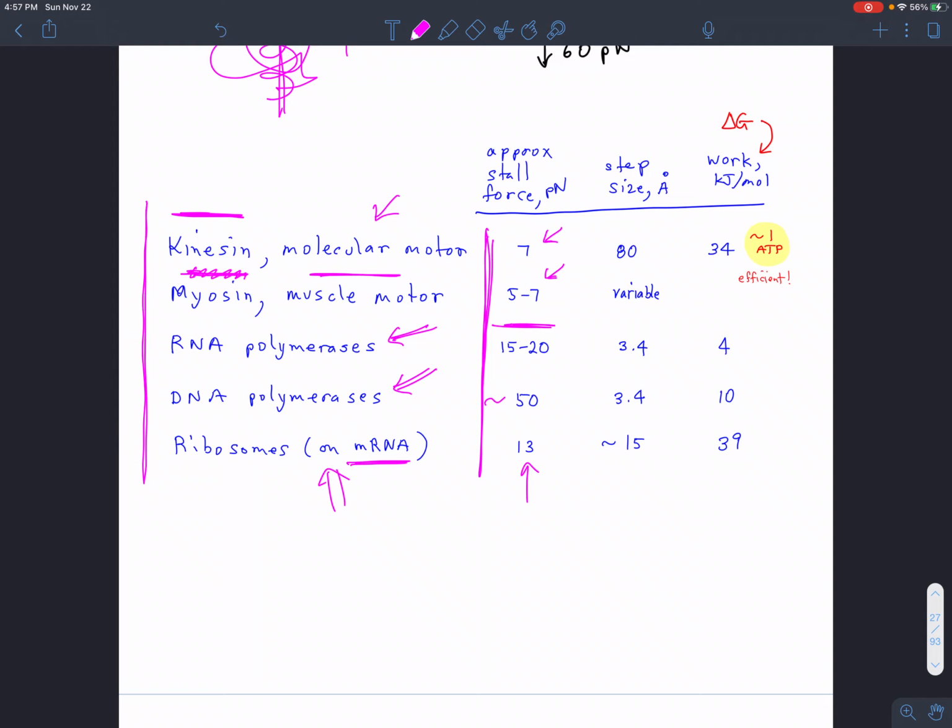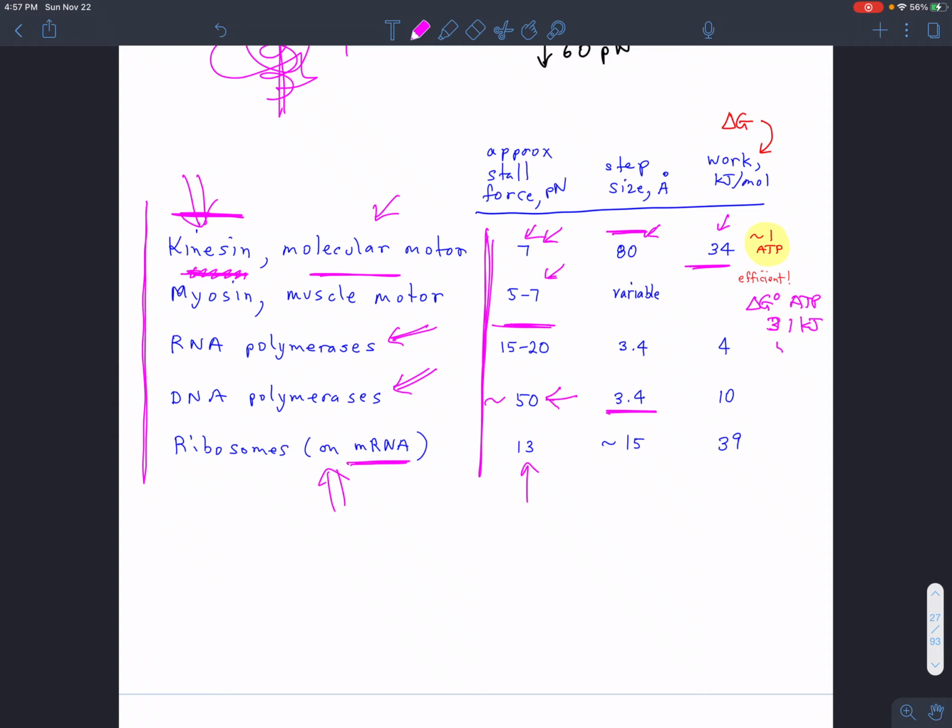Why is that so? Why does the DNA polymerase generate much more force than a motor? You would think a motor would be good at generating forces, but the motor isn't optimized for generating forces. Kinesin takes a big step, an 80 angstrom step, compared to the 3.4 angstroms for the DNA polymerase, which means that the amount of work that it's doing, which is this 7 times this 80 and then converted to kilojoules per mole, is about 34 kilojoules per mole, and the delta G0 for ATP is 31 kilojoules per mole.